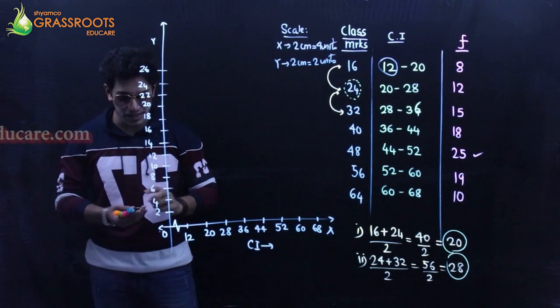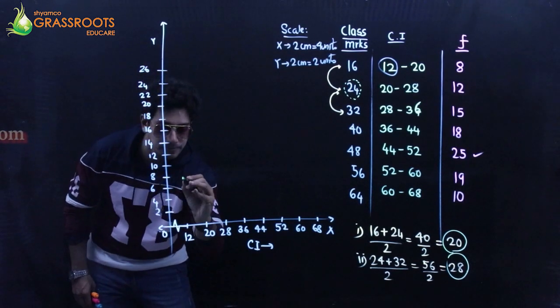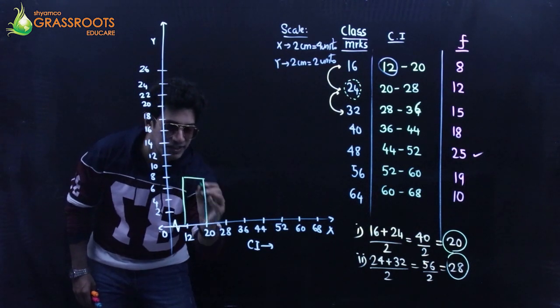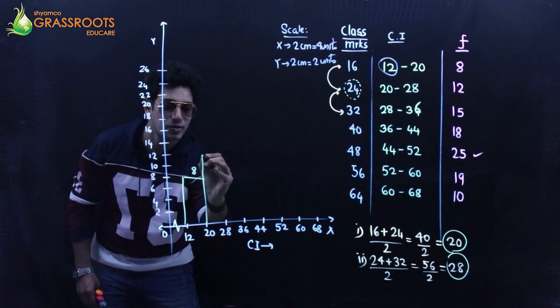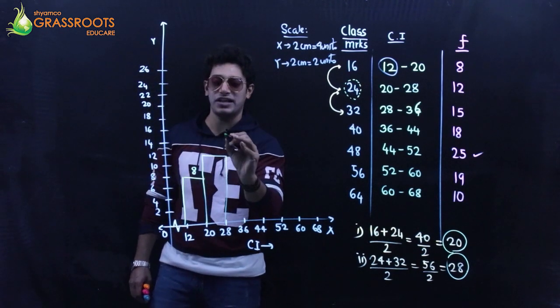The first plot is 8, second is 12. So from 12 to 20 it is 8, the next one is 12, the next one is 15, 15 is between 14 and 16.